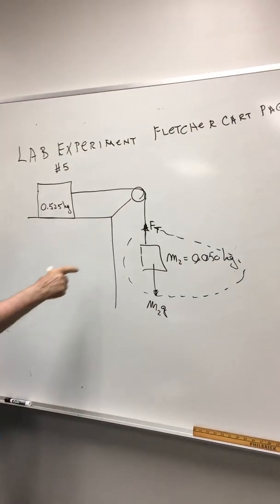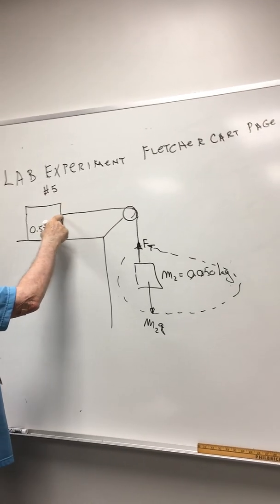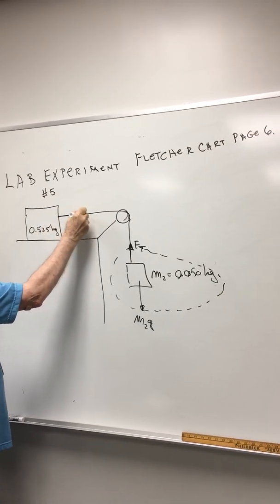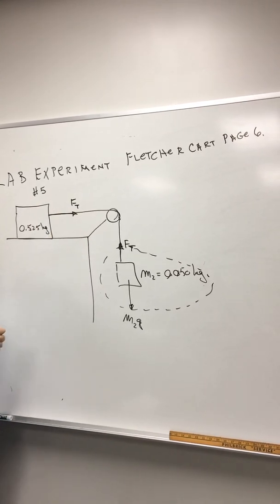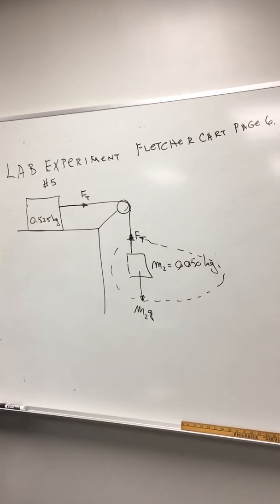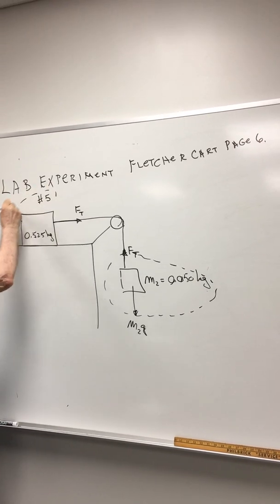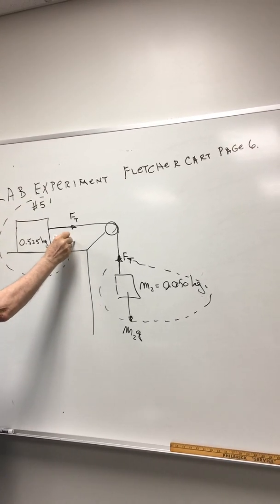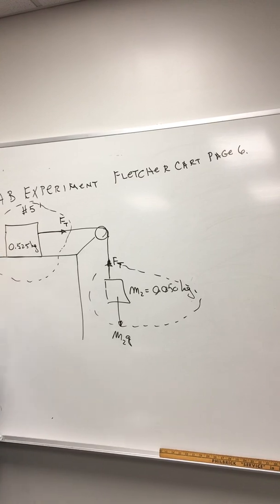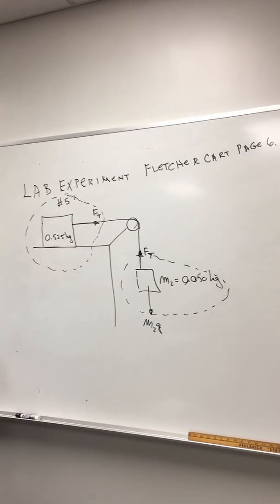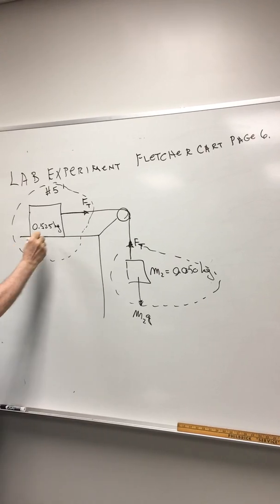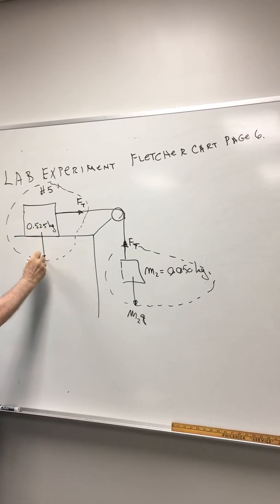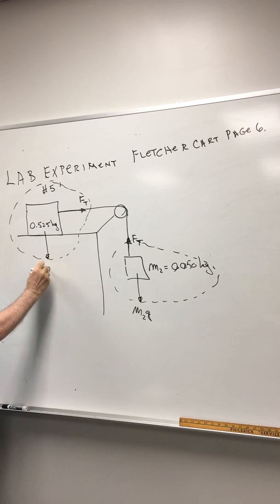Now the same string that holds this back is pulling this thing forward. So the forward force there. I'm going to put a dotted line around this, so I like to do that, which means we just isolate each object. And acting on the object on the table, we have its weight, and I'm going to call its weight m sub 1 g.